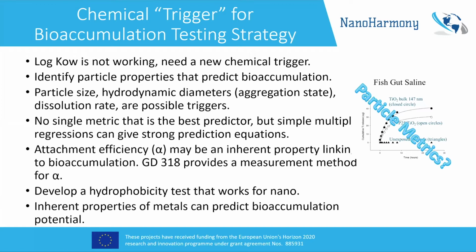From some of the analysis that's already been done, there's no single metric that gives a simple explanation as the best predictor. But with some multiple regression analysis in the background, we have been able to show that 2 or 3 metrics give fairly good, strong predictions when considered together. So that might be a way forward.